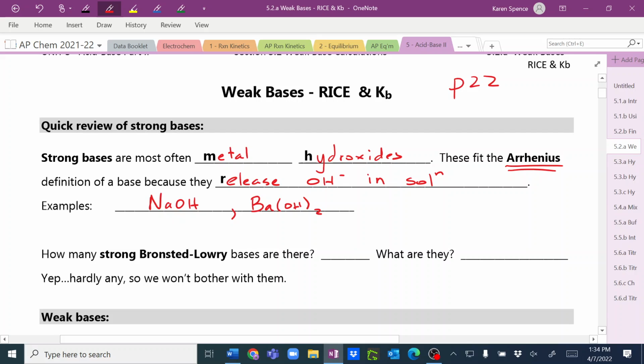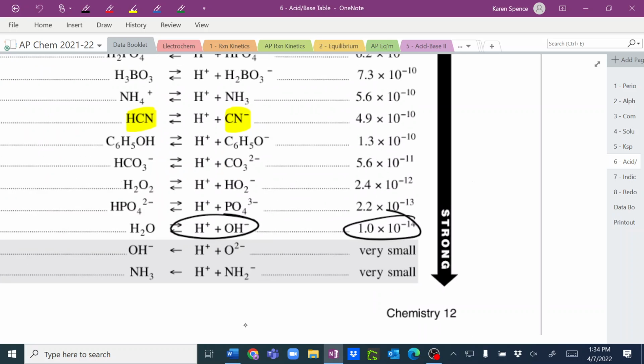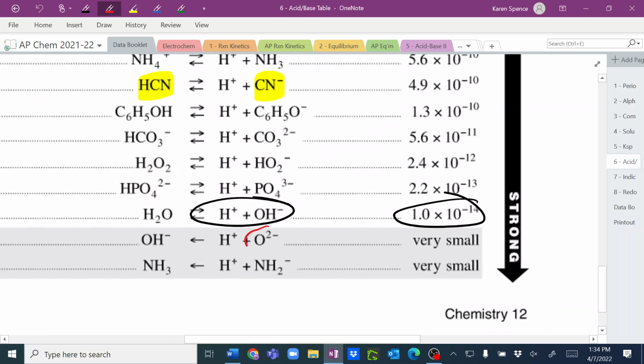How many strong Bronsted-Lowry bases are there? There are 2. What are they? Is OH a strong Bronsted-Lowry base? Go look. Yeah, O2 minus and NH2 minus. Remember, hydroxide is the strongest base that can exist in water.